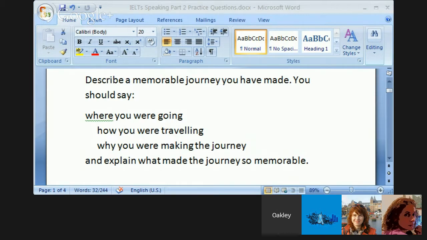Another thing you should consider while you're writing notes is your first sentence. Make sure you're ready to go. When the interviewer says, please begin, do not leave a 10-second gap before you begin. You're going to lose points if you do that. Have your first sentence ready. This goes for any test, TOEFL, where you're allowed preparation time for each question.